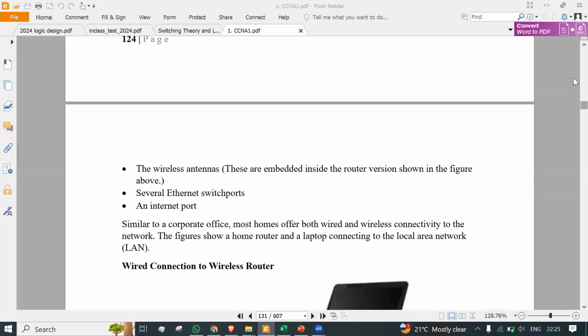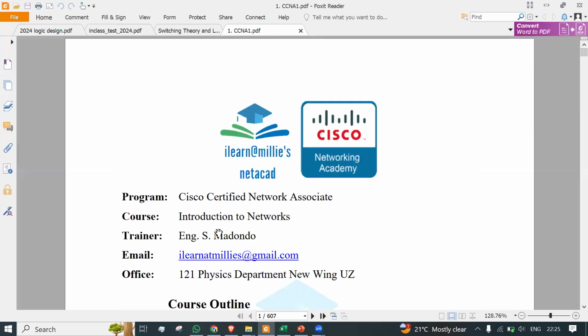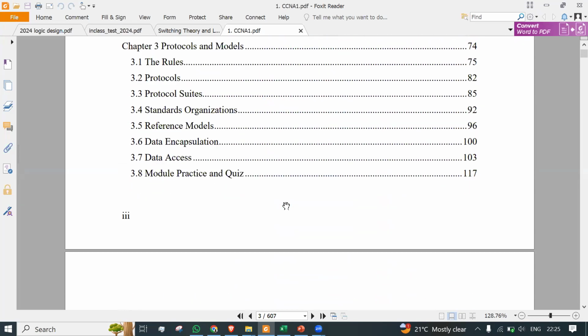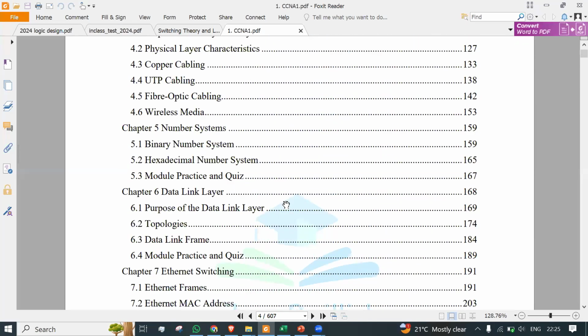Let me just go through, I think in the last 5 minutes, what comes after this. We have chapter 5, the number systems. The logic design, you enjoy this one much more. The binary number system, the hexadecimal number system. You see, my computers understand binary language, so that's why we need to understand the binary systems.